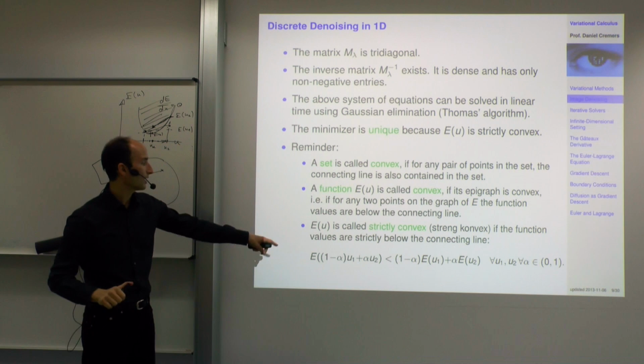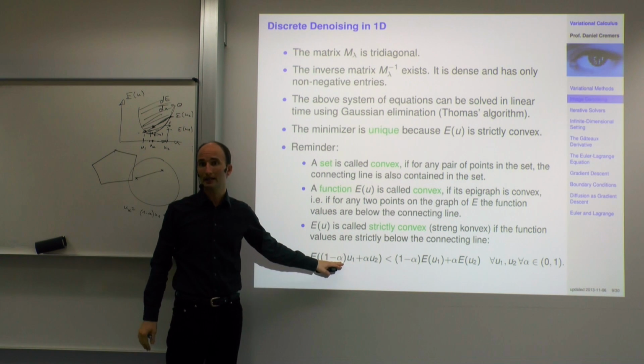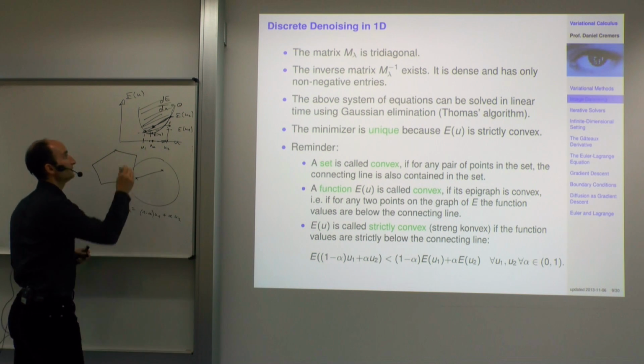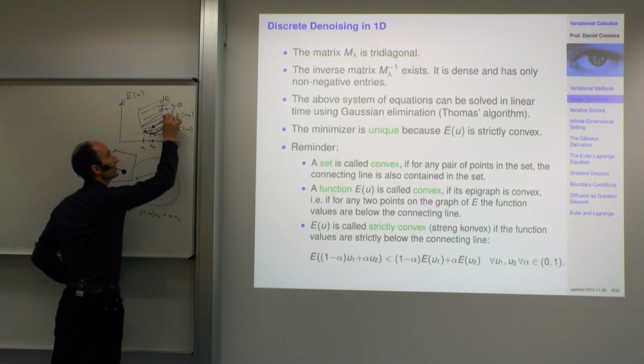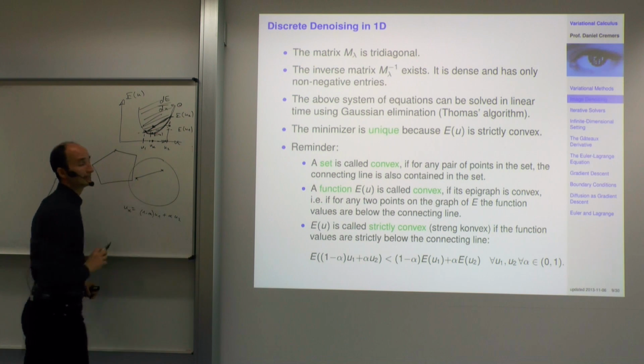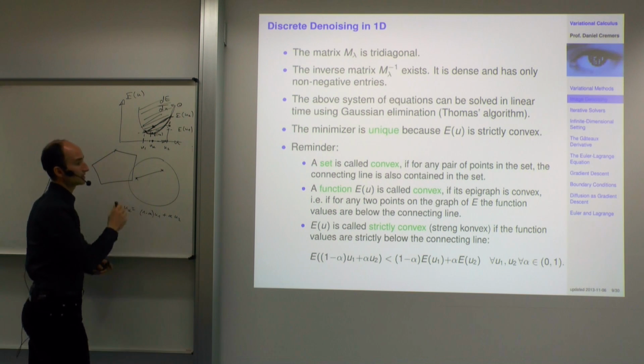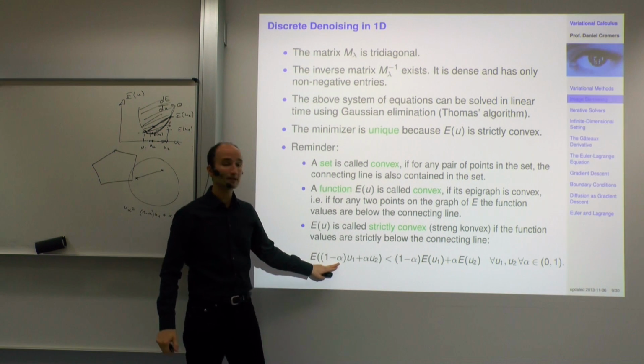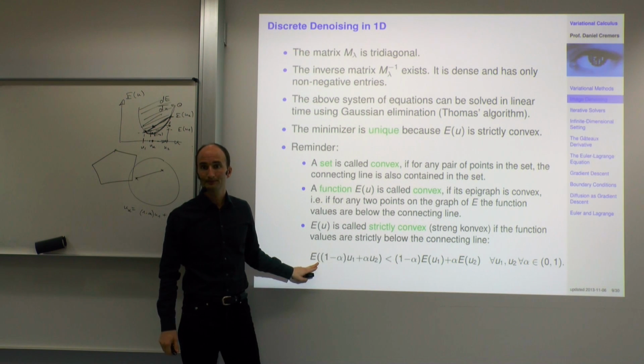And so this inequality looks a little bit weird at first glance, but it really states exactly the fact that the curve is strictly below the connecting line. Because this is the point on the connecting line, and this is the point on the curve E.